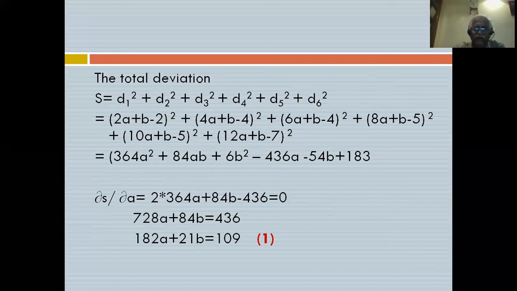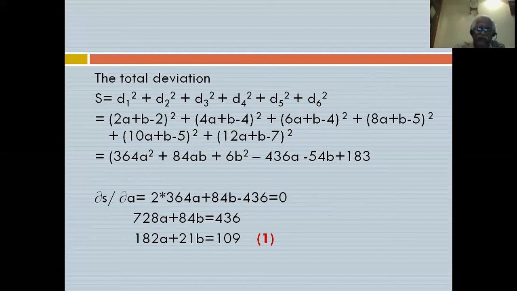In the case of x2, x is 4, y is 4, so d2 is 4a plus b minus 4. Plus 6a, because x3 is 6 and y is equal to 4. That is the way the equation comes.